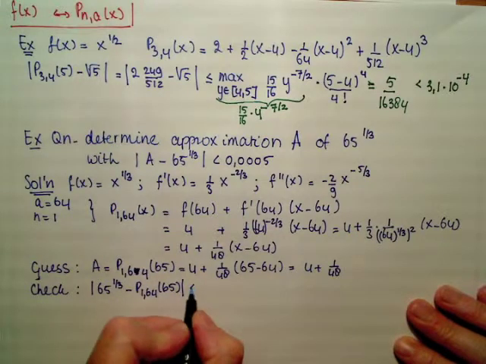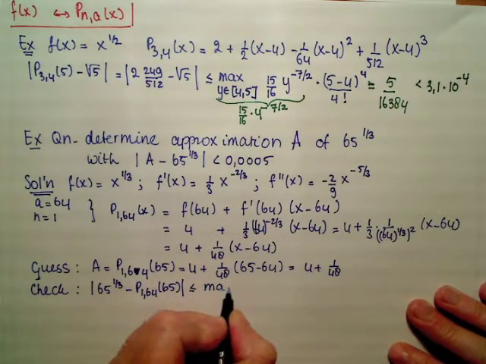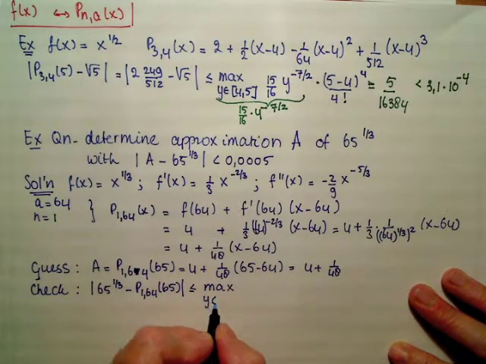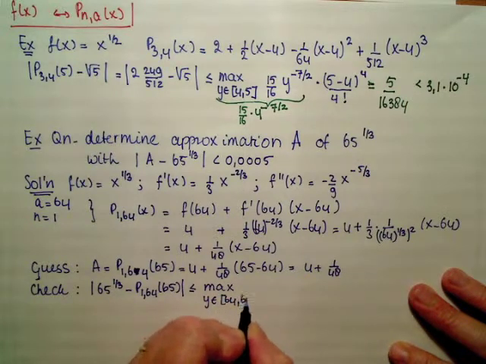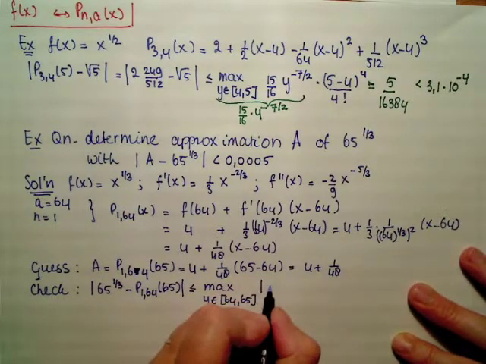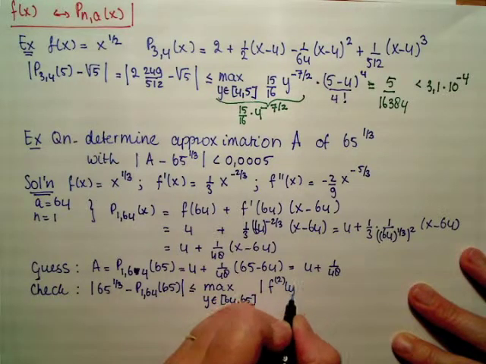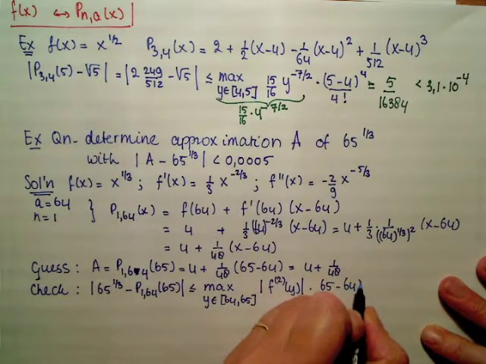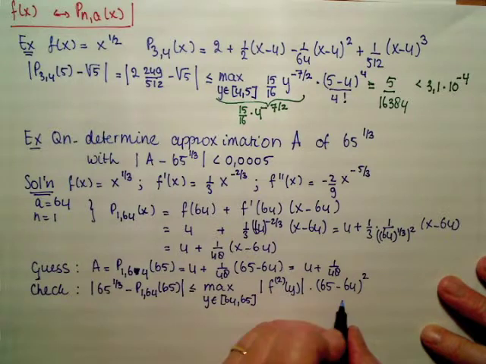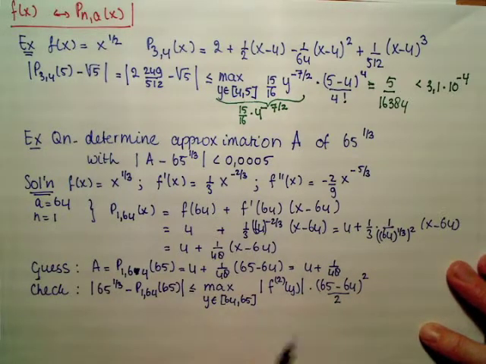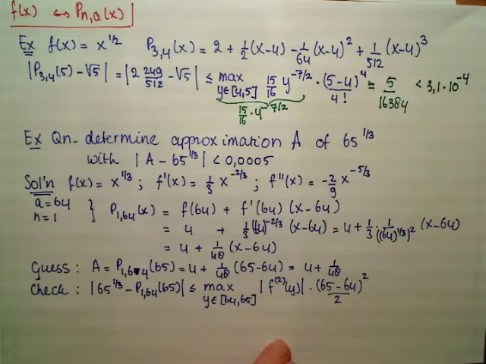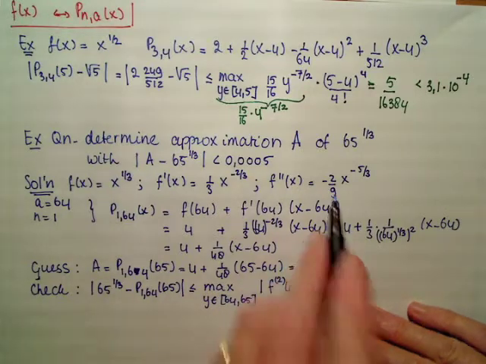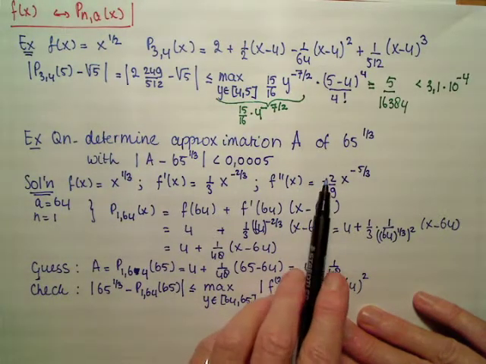So the difference between these two is never larger than the maximum value over all possible values of y between the base point and the point of interest of the second derivative of our function multiplied by the difference between the point of interest and the base point squared divided by 2 factorial, which is 2. Now the second order derivative is this number over here, and we take the absolute value so we can forget about the minus sign.